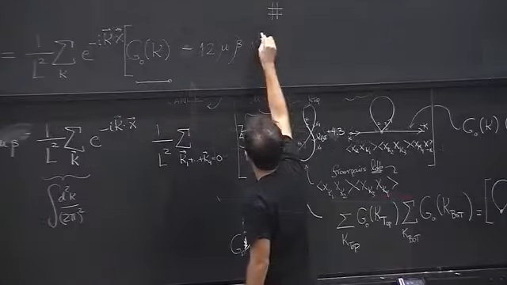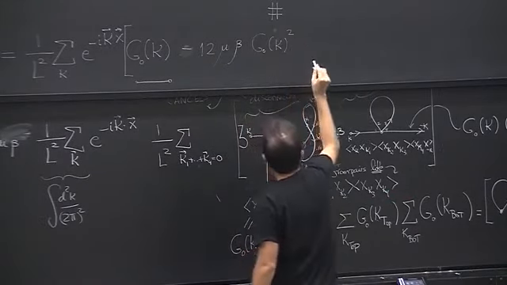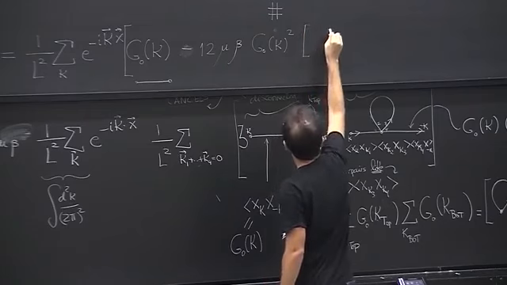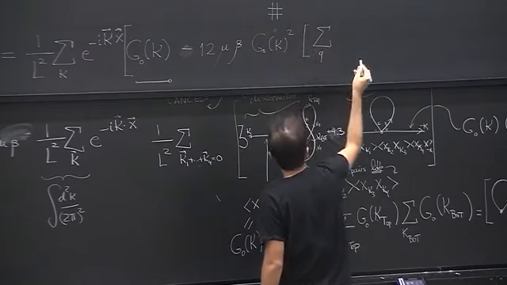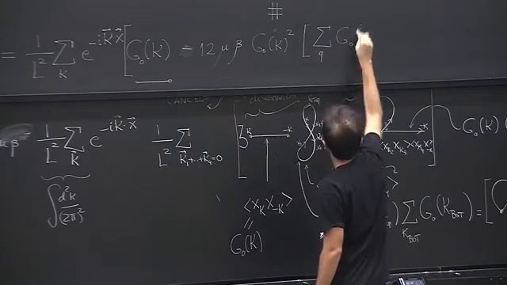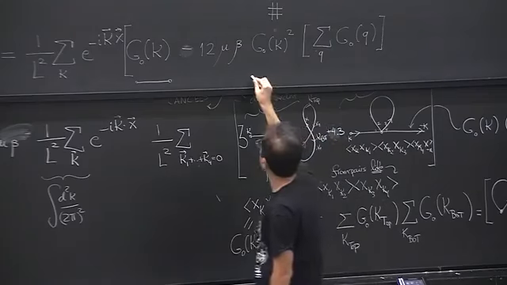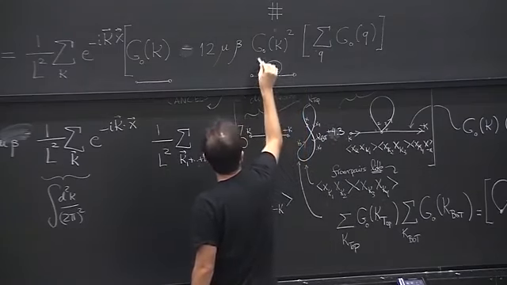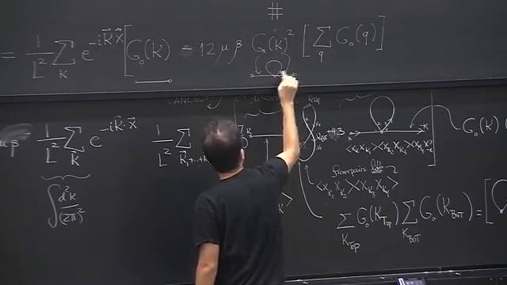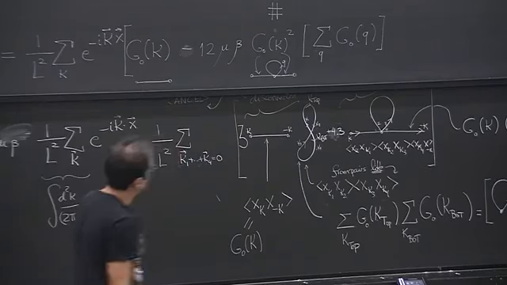So we get 12 times G0 of k squared times what is just a number, which is a sum over momentum, let's say Q. I chose Q. Q is just G0 of Q. And this picture was, I have my propagator, and I have 2 propagators here, and I have 1 summation over the momentum Q that goes there.